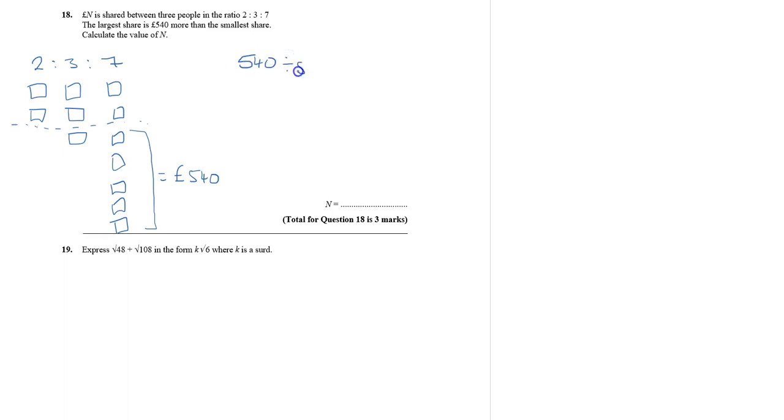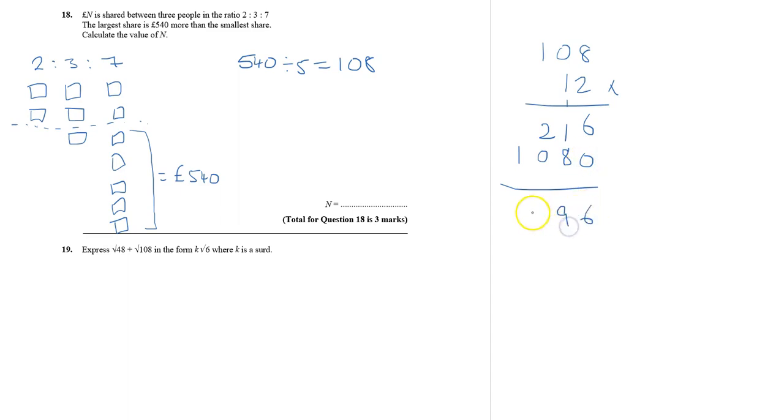Now, 540 divided by 5 is 108, and that's what one of these boxes is. Now, how many boxes are there altogether? There are 12. So we can do 108 times 12, which gives £1,296.